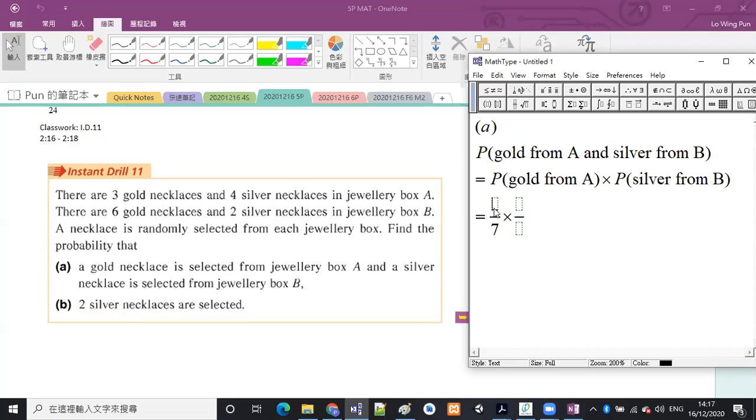So obviously, there are 3 gold necklaces from box A. For the second part, we are going to choose a necklace from box B. How many options are there? There will be 6 plus 2, that is 8. And among the 8, how many satisfy this requirement? Silver. So there are 2 of them. So doing some very simple calculation, we'll find that the probability is equal to 3/28. Can you get this?